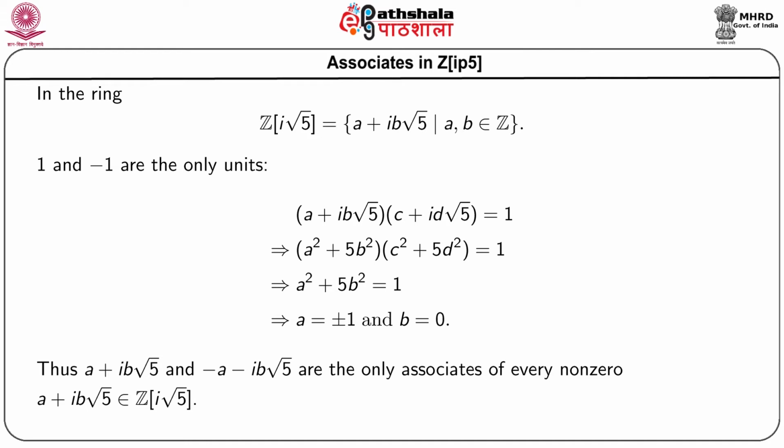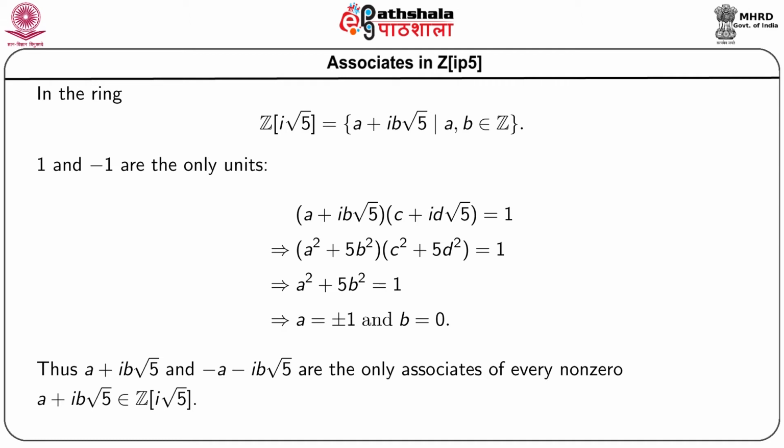One is a equal to 1 and b equal to 0, the other is a equal to -1 and b equal to 0, and these two solutions give us that 1 and -1 are the only units in Z[i root 5].